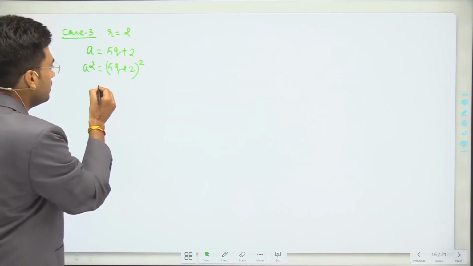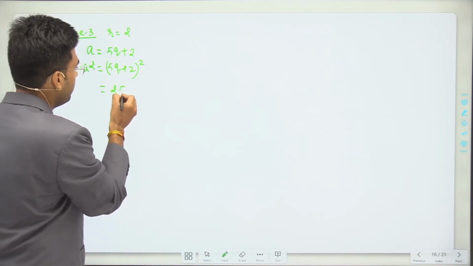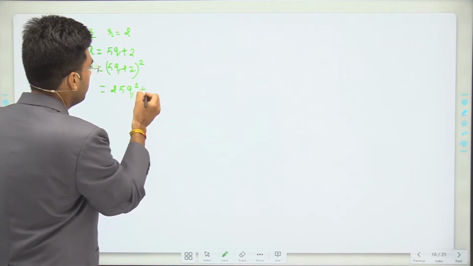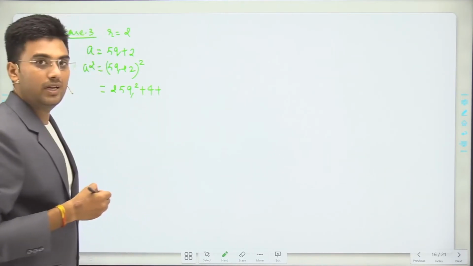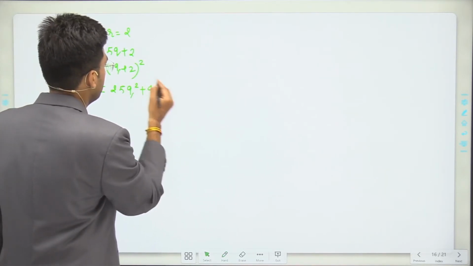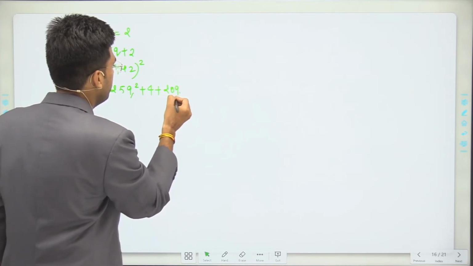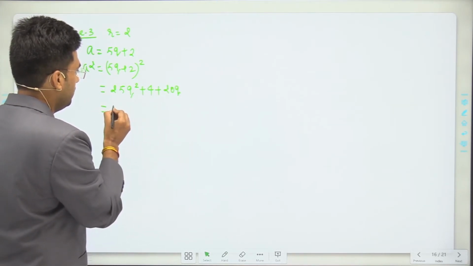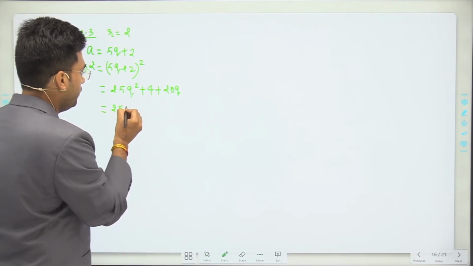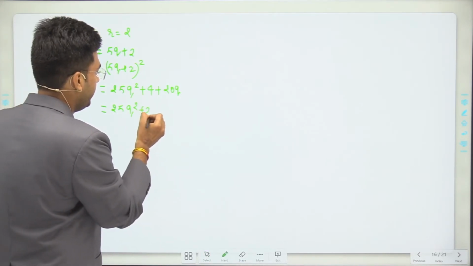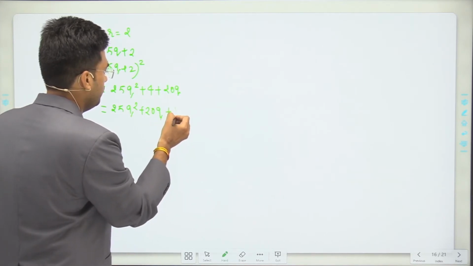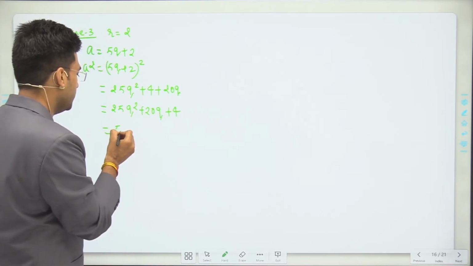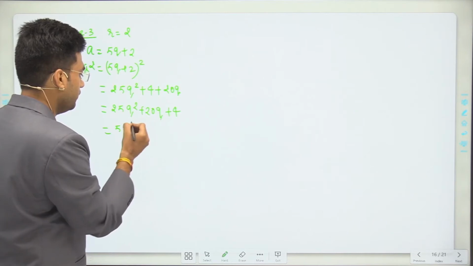Then when we solve this, we will get 25q square plus 4 plus 20q, which is 25q square plus 20q plus 4, and we can take 5q common from these two terms.